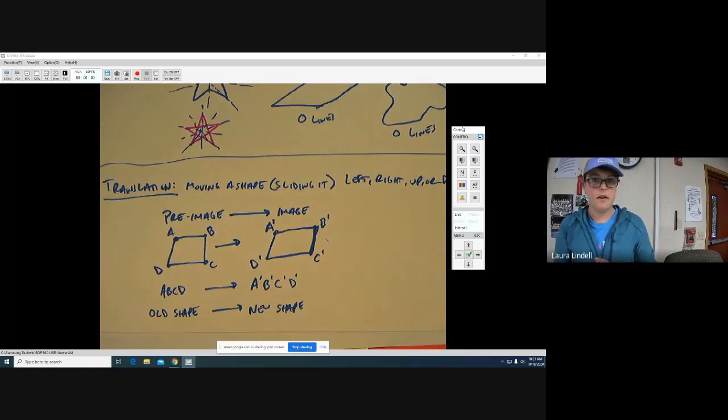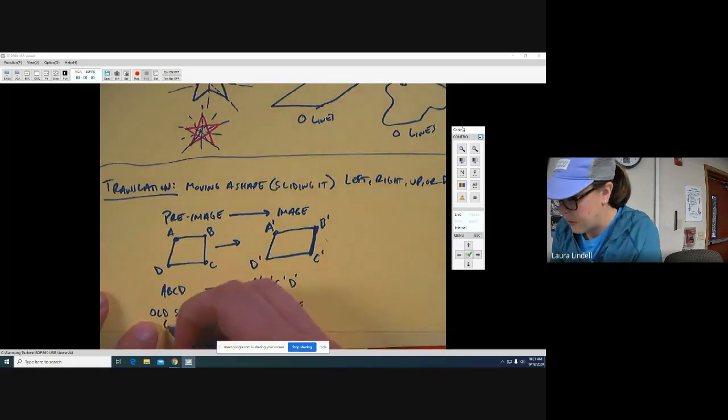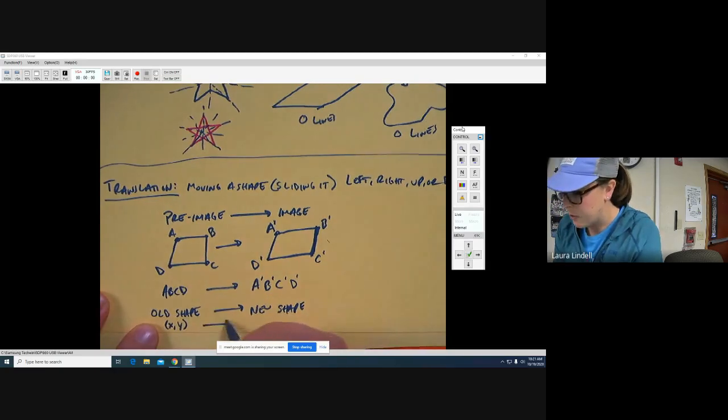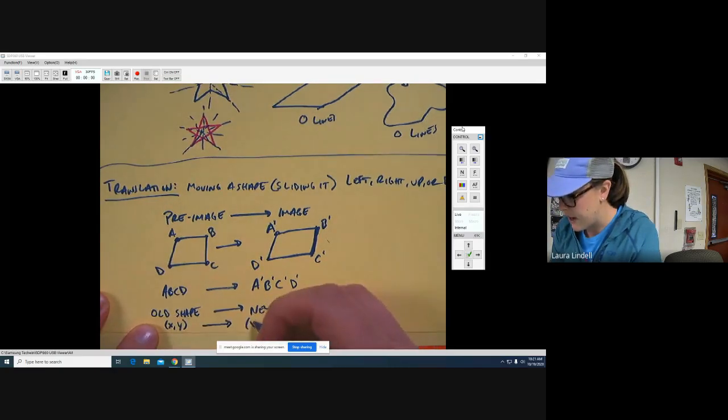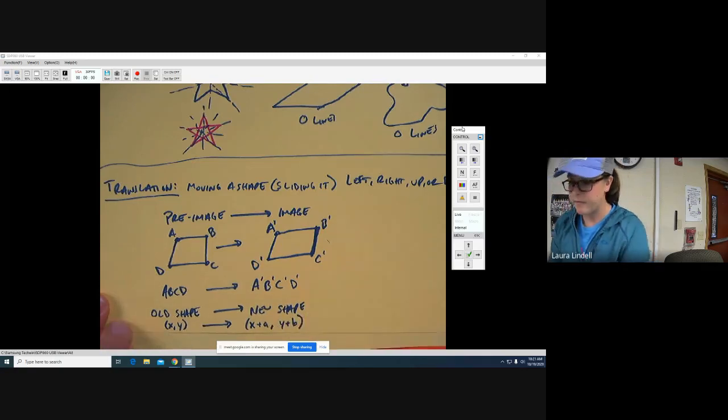Okay. And the way the instructions are going to look typically for us with these is, you're starting with your coordinates as x comma y, and then you're moving your coordinates x plus something, y plus something, or minus something.